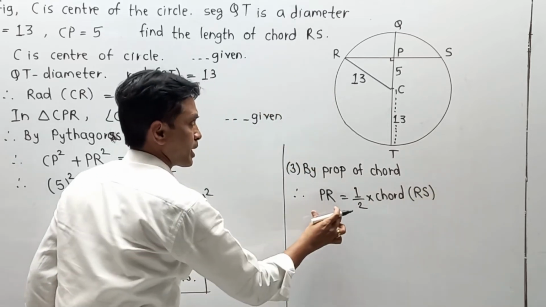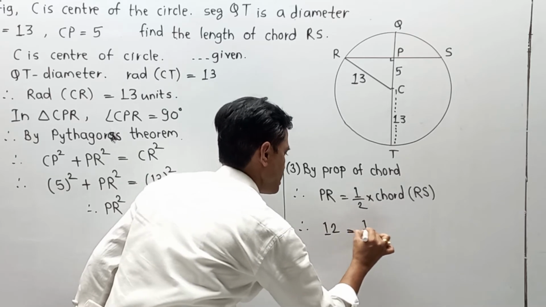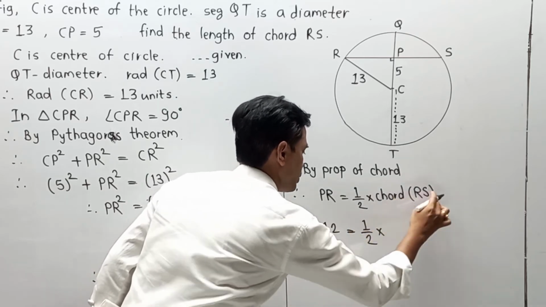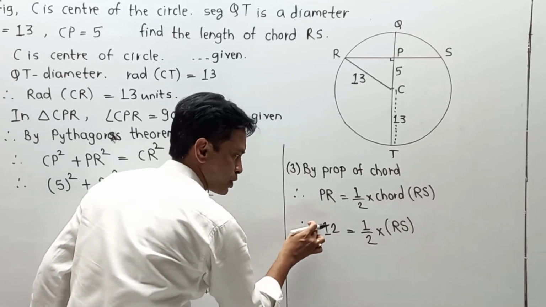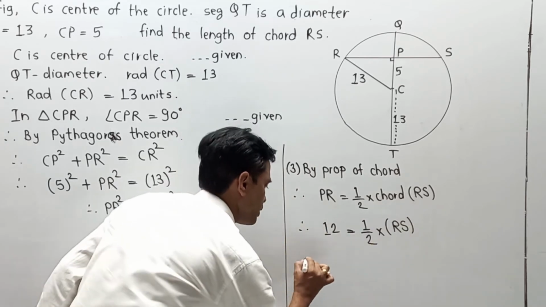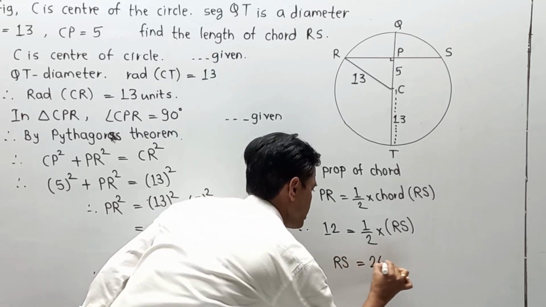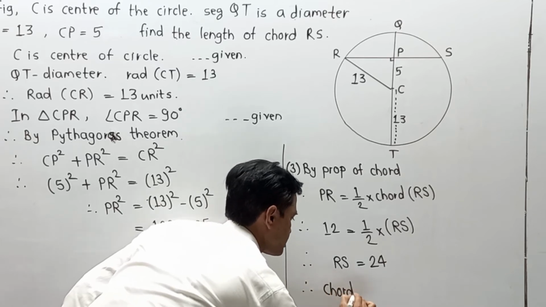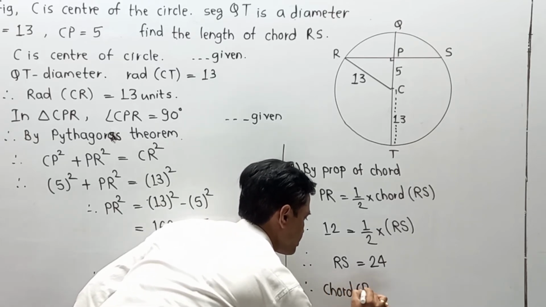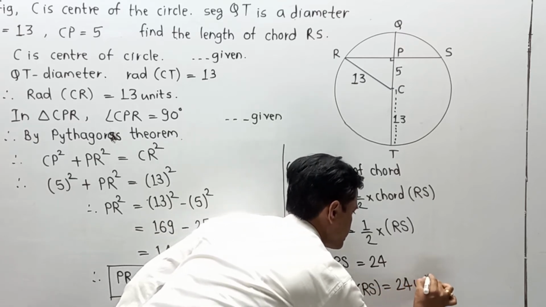Now by calculation we have PR, that is 12, equal to half into chord RS. Naturally this 2 is divided, and comes to this side as multiply, 2 into 12, 24. Therefore RS is equal to 24, or we can say chord RS is equal to 24 units.